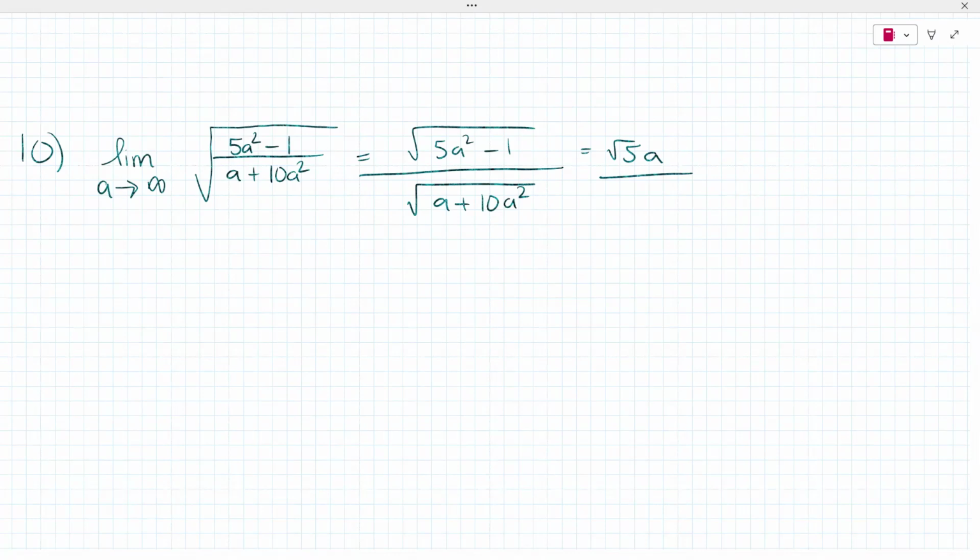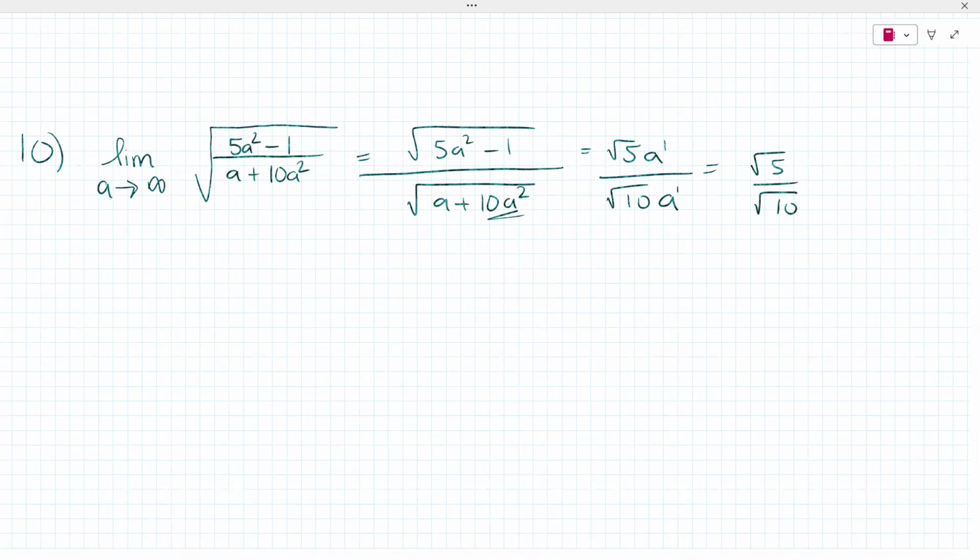Square root of a, I don't really care about that one because that won't give me the highest power. It's this one we care about. What's the square root of 10a squared? Well, square root of 10 is square root of 10. What's the square root of a squared? It is a. So these are the highest power, and they're the same, so it's just the coefficient. So it's going to be radical 5 over radical 10.